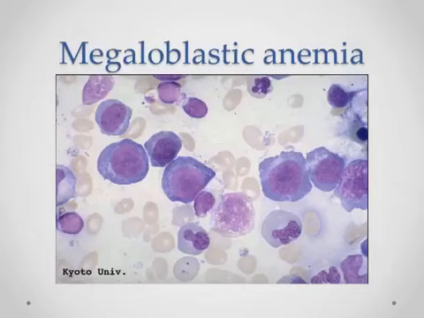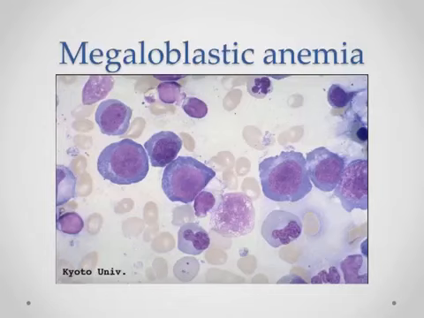If there is deficiency in B12 and folic acid, there will be delay in the maturation of the nucleus. So we will see some megaloblastic changes. These megaloblastic changes mean large nucleus or nuclear cytoplasmic asynchrony.